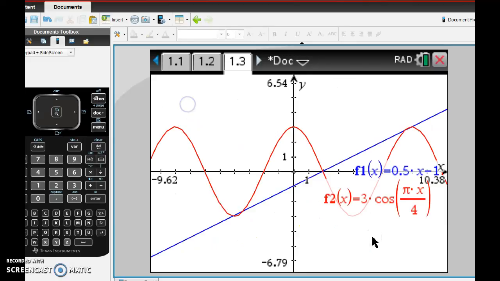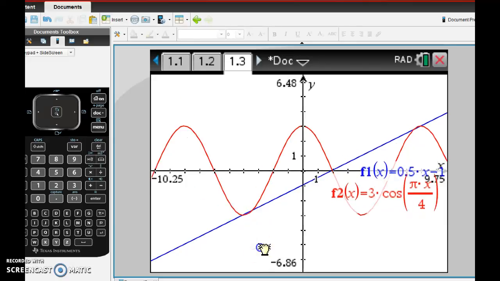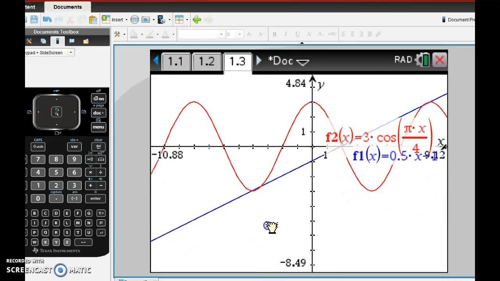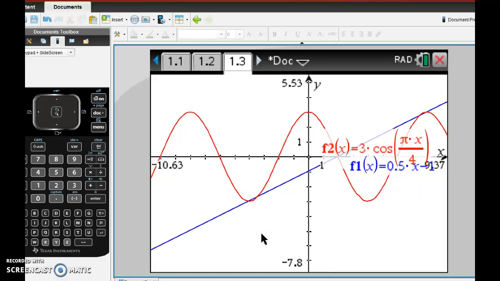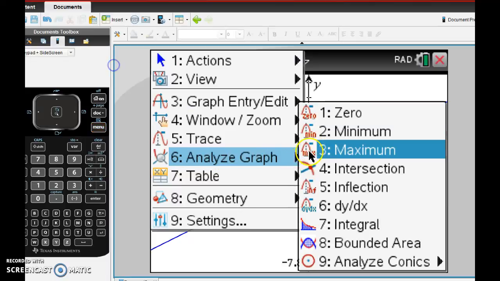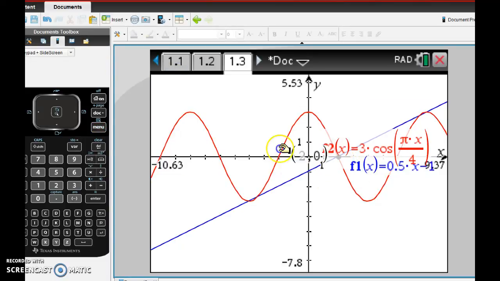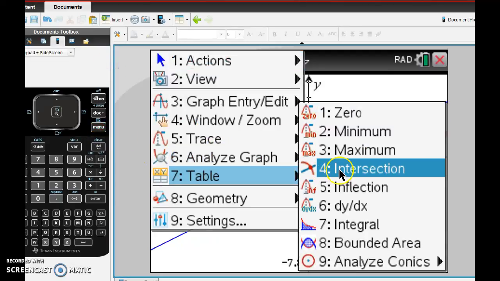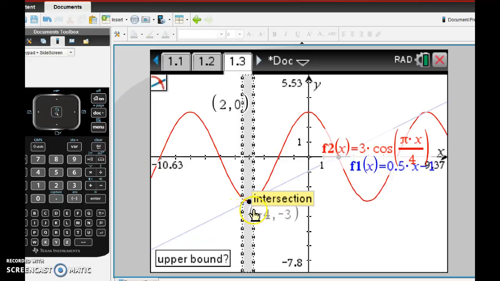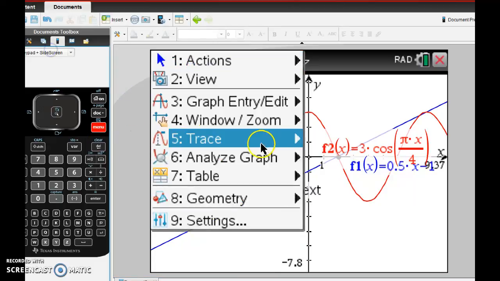I can see that it crosses here. If I go to menu, analyze, intersection, there's the first one I got. Menu, analyze, intersection. There's the second.